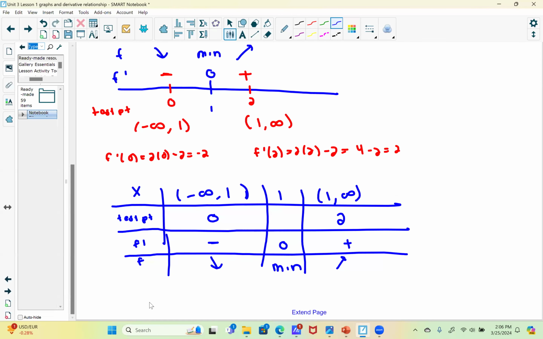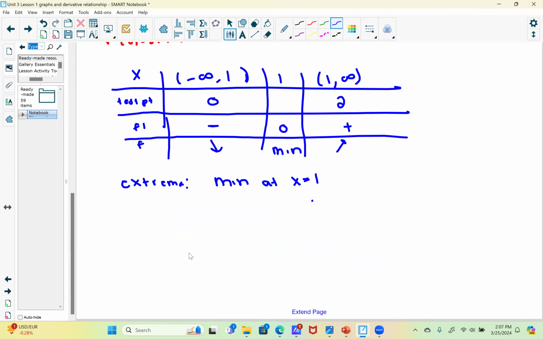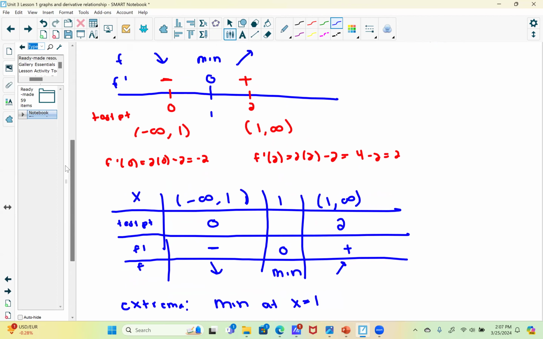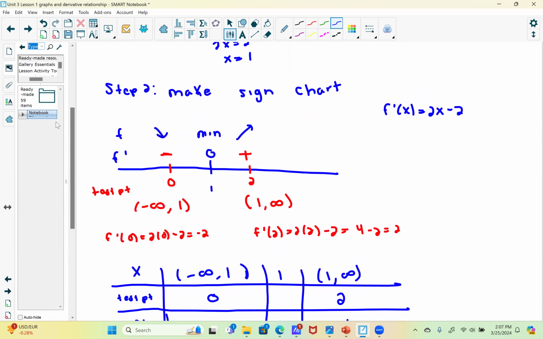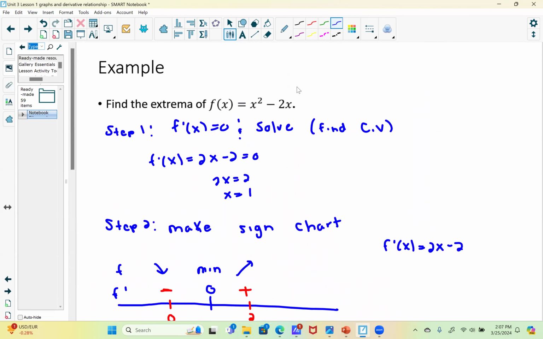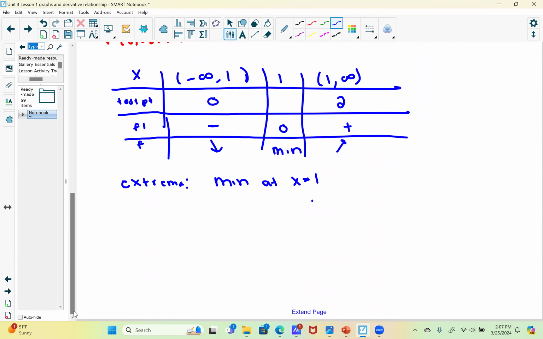So it says find the extrema for this one. So the extrema would be a minimum at x equals 1, and we often want the point. Okay, so I have the x value. If I need the point, I need to find the y value. To find the y value, I use the original function. So I'm going to find f of 1 to get the y value.